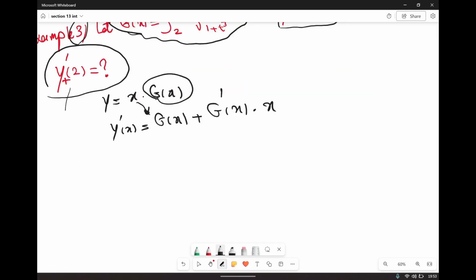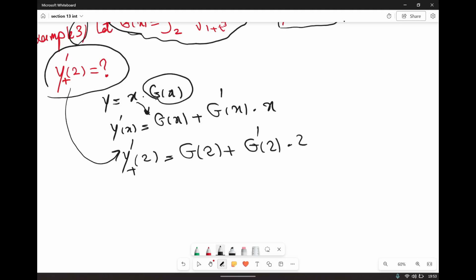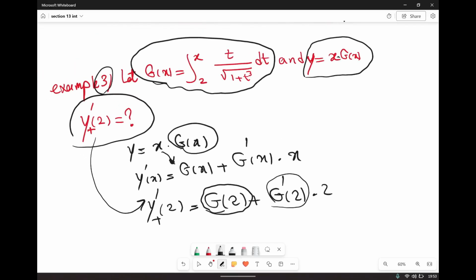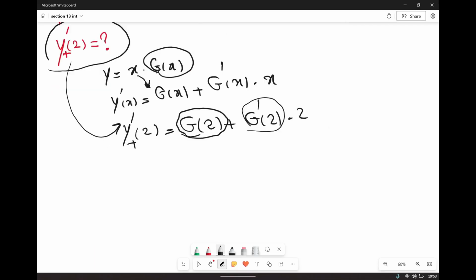But we're going to calculate at 2, so y prime of 2 on the positive side is g of 2 plus g prime of 2 times 2. We need to calculate this part, yes? What is g(2)? When I put the 2 in here, immediately that is 0, yes? Because the integration from 2 to 2 of anything is 0. Therefore, this part also is 0.